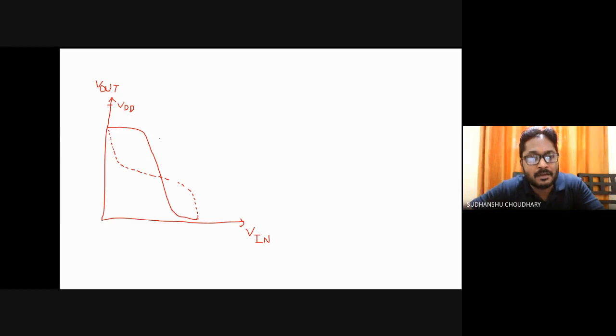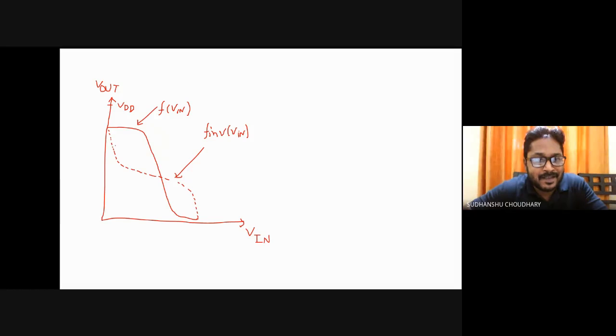Let's say this is the VTC of my inverter, and this one is the inverse VTC of the same inverter.